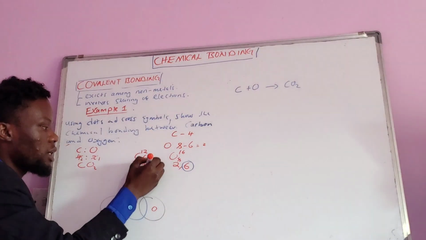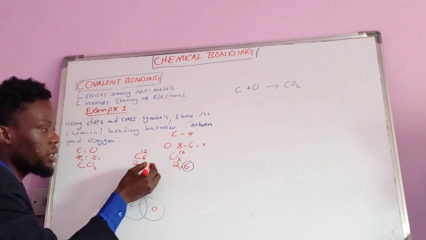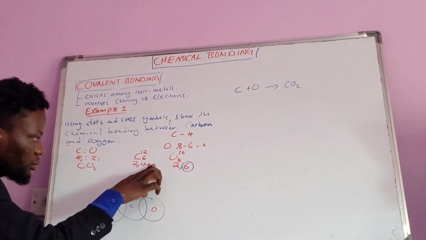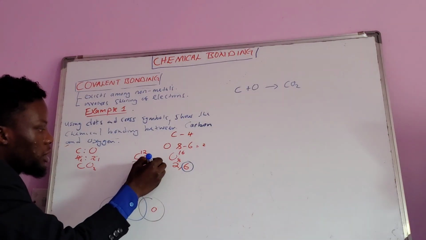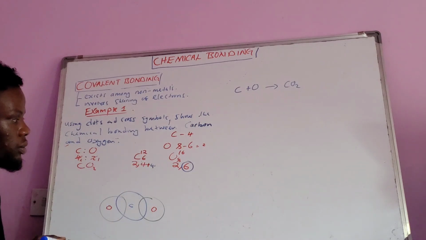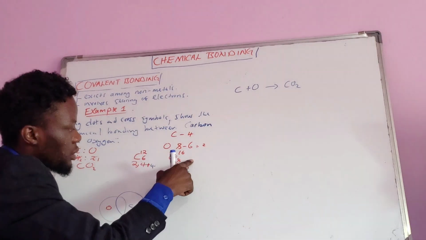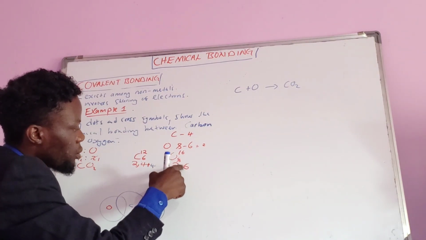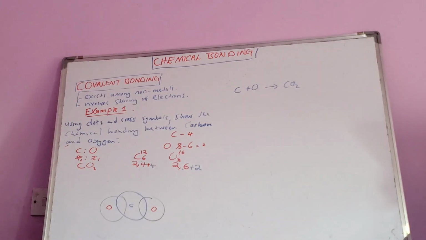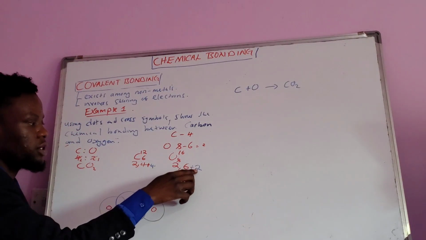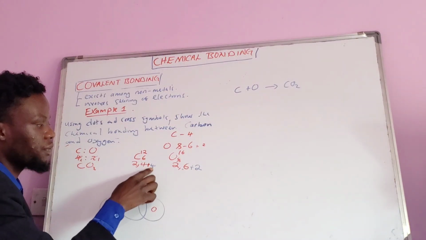So this one requires about 4. Let me use blue for this one. For oxygen to be stable, it requires about 2 electrons, like that, because 6 plus 2 is 8, and 4 plus 4 is 8.